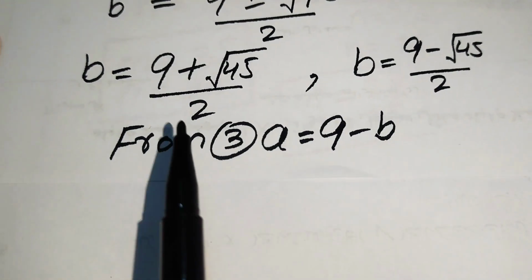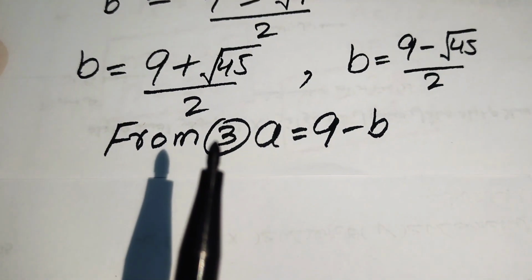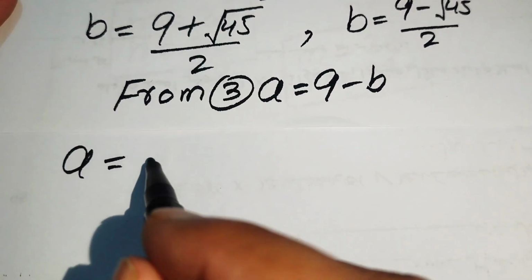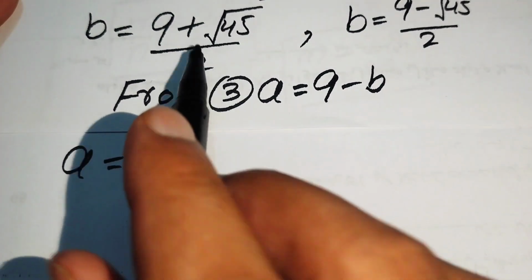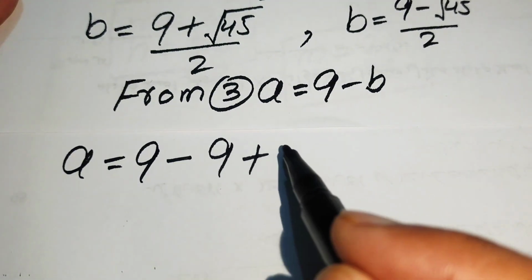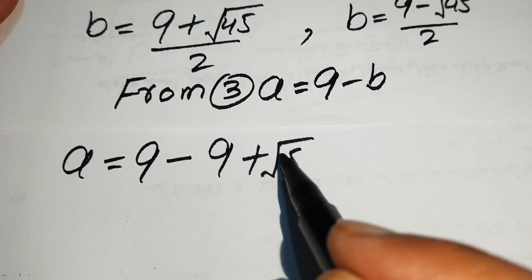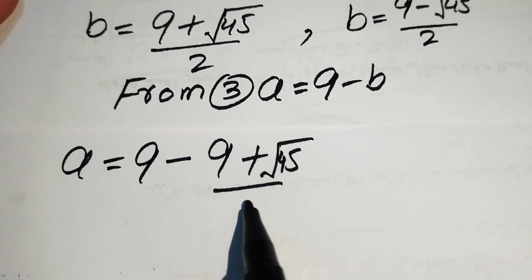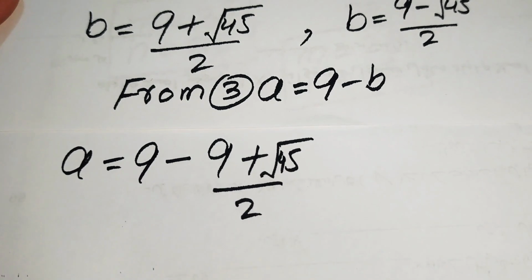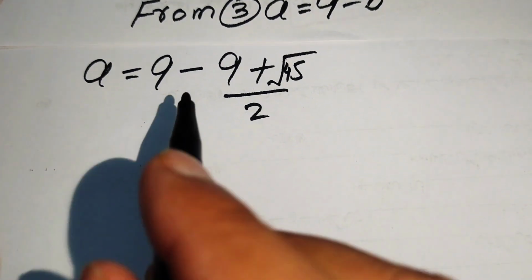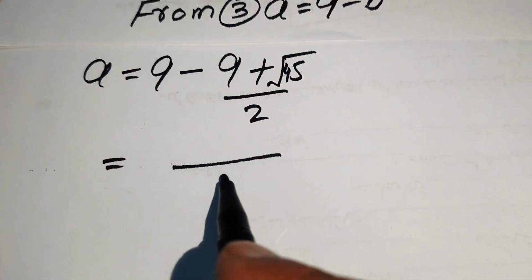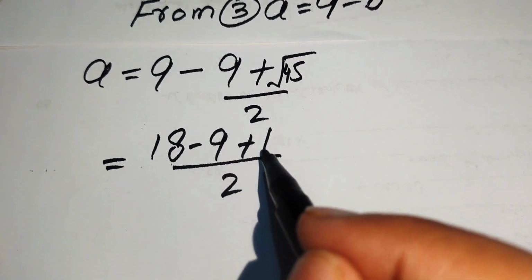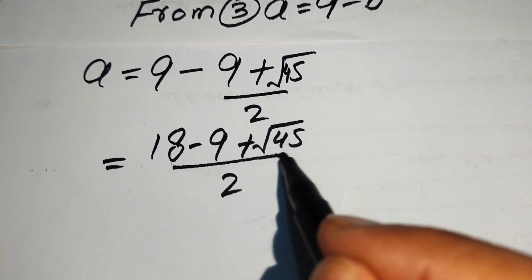First we put the value of b here, and we have a equals 9 minus b, where b is 9 plus square root of 45 divided by 2. We need a little simplification: we take the LCM of this term and have 18 minus (9 plus square root of 45).